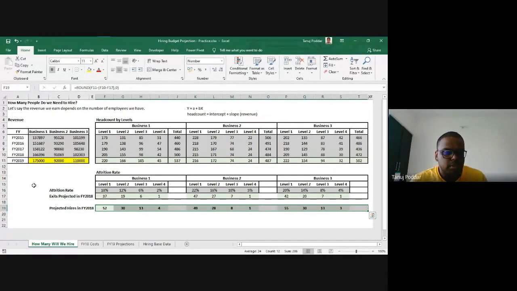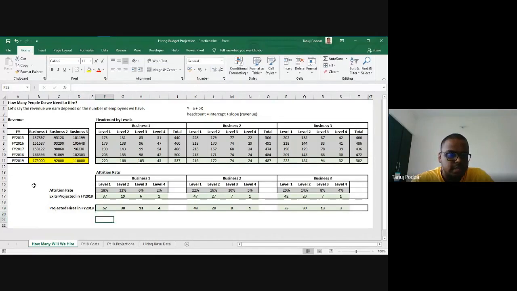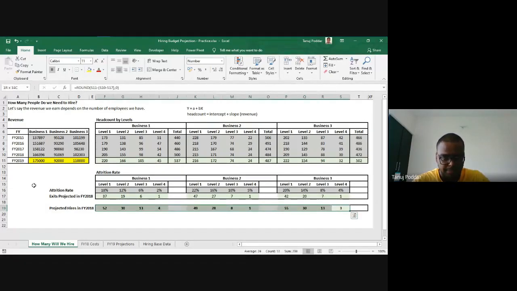Now what we want to identify is the cost that is associated with hiring these 52, this 30, this 13, 4, these many people, right? So we have 99 people here, 86 people here, and 101 people here. These are the number of people that we are going to hire in 2019.